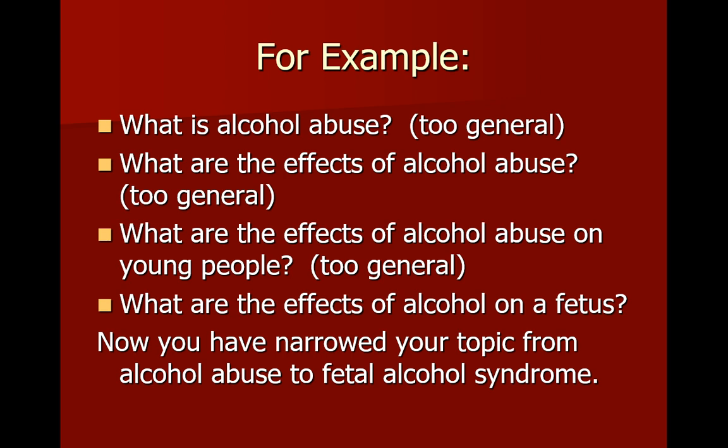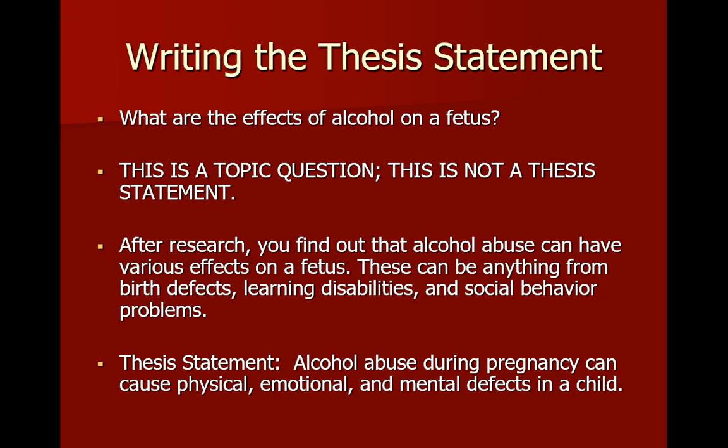And if you've narrowed it down and become more specific with your topic, then essentially with this example, you've narrowed it down from alcohol abuse to fetal alcohol syndrome, which is, again, a good way to not waste your time in the research process.